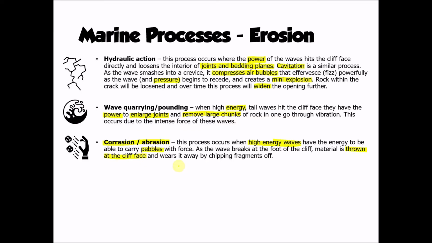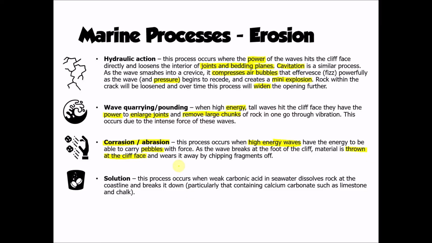An important process which we don't necessarily see happening, but does take place in the form of erosion, is that of solution. This is because the seawater is actually weakly acidic. The salt that is dissolved within the seawater actually gives it slightly acidic characteristics.